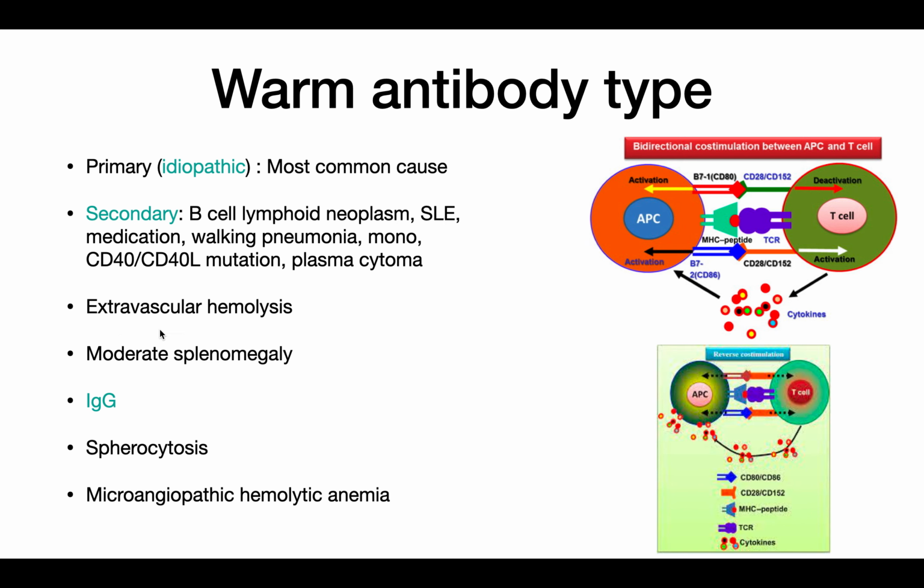It's going to result in extravascular hemolysis. So, of course, extravascular is going to involve the spleen. It's going to be characterized by IgG, and spherocytosis is going to be found in the peripheral blood smear. And their lysis is going to be caused by the microangiopathic hemolytic anemia.